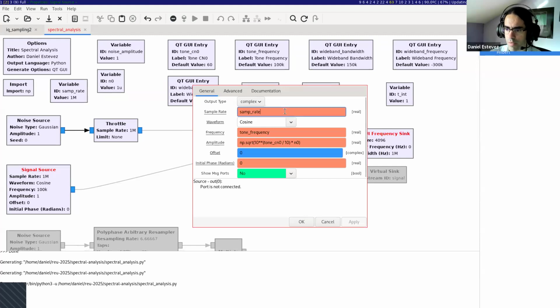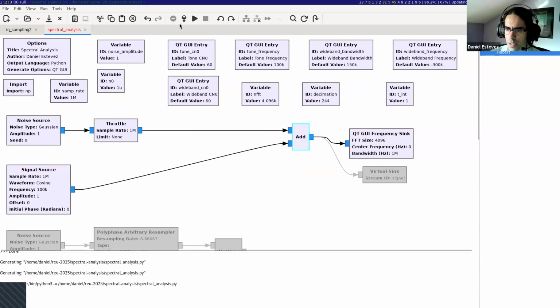Let's look at the parameters I have here. We have the sample rate, we have a frequency, this is the tone frequency here, 100 kilohertz. I have a formula for the amplitude. I will come back to this formula in a second. For the time being, it doesn't really matter. And then the rest of the parameters are set to the defaults of 0.